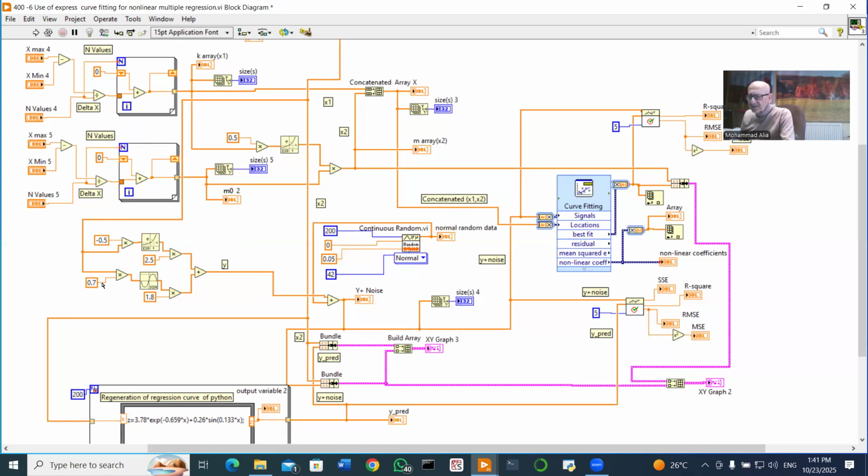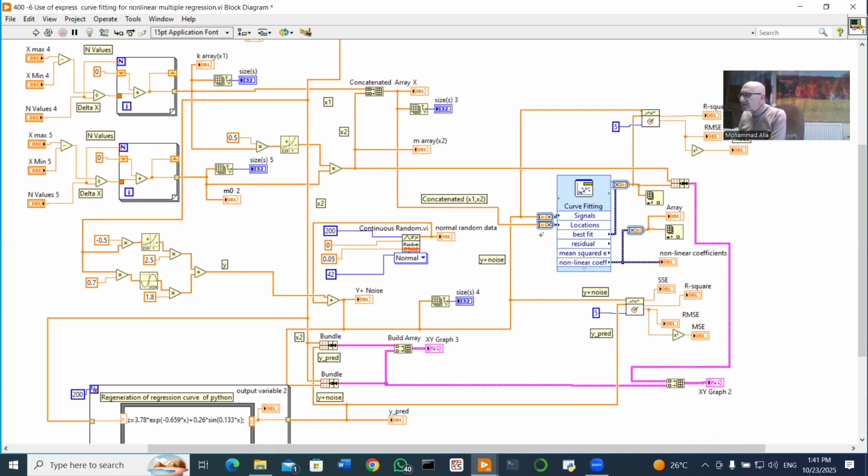Then I multiplied the coefficient 1.8 by the sine of the coefficient 0.7 with X, and I added both together to get Y. And this Y now will be added to a noise which is generated by the continuous random VI. So the continuous random VI is added to the useful signal Y, and the output now is fed to the input of the curve fitting signals. So now we have the input.